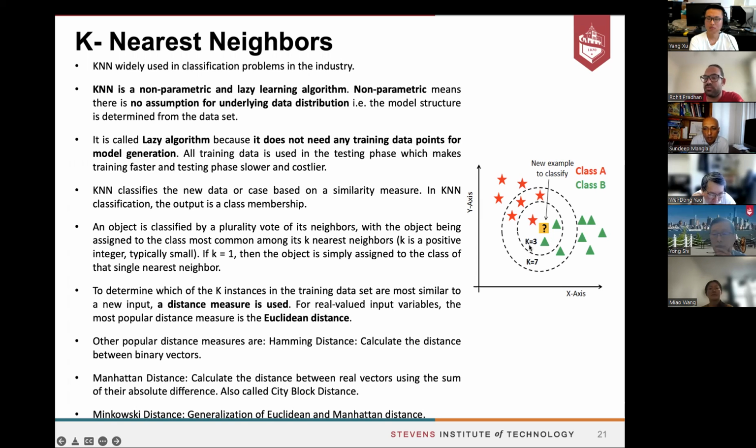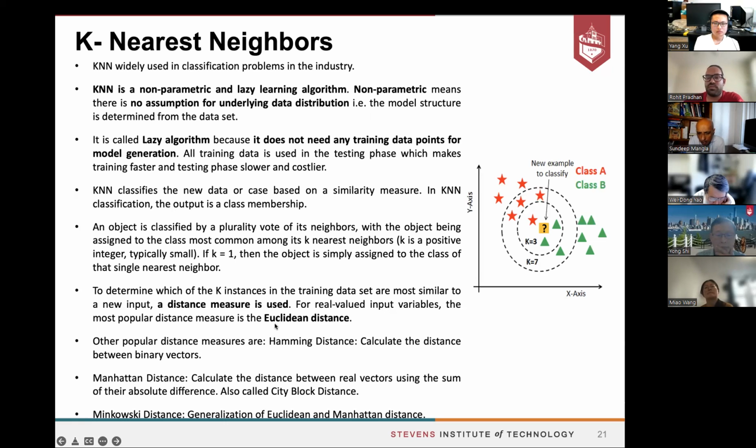So if we have mentioned that K is equal to 3, these two objects are from one class and this is from another class. When k is equal to 3 and this unknown data point comes into picture, we find the neighbors with the help of Euclidean distance or the distance measure.